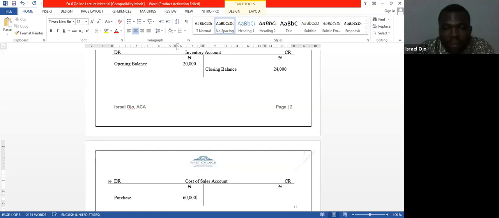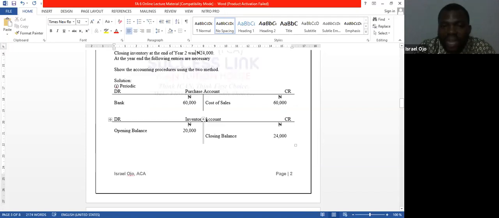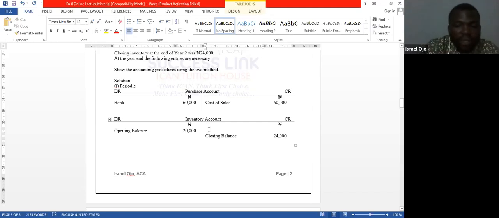So for the inventory account, we have opening stock of 20,000. At the beginning of the year, we are going to make use of that 20,000, so it's going to be part of our cost of sales. So we need to take it out from our inventory. We come on the other side and put cost of sales, because that is the account we are taking the 20,000 naira of inventory to, from the inventory account down to the cost of sales account.